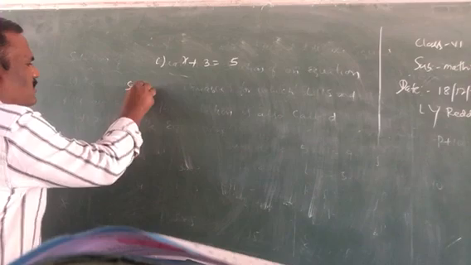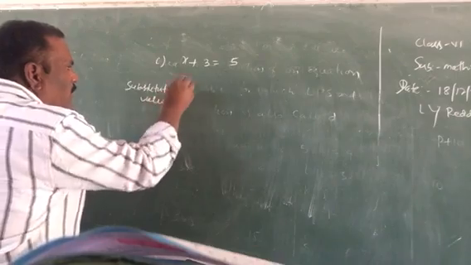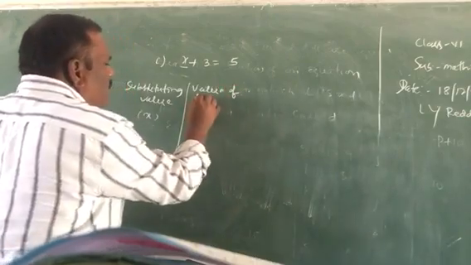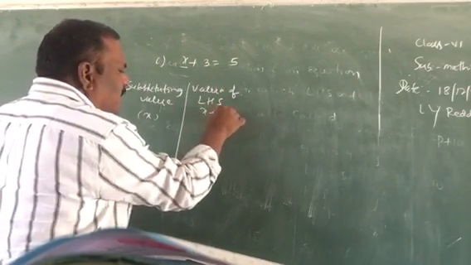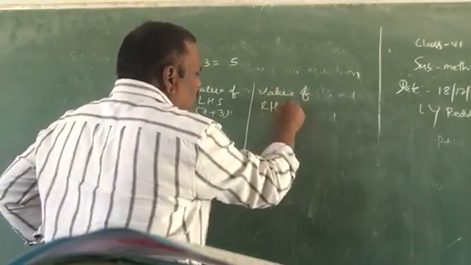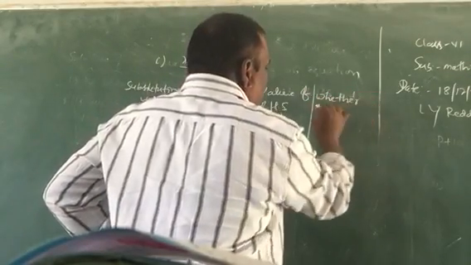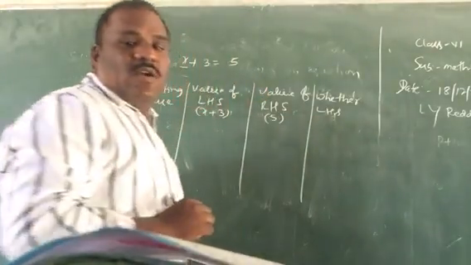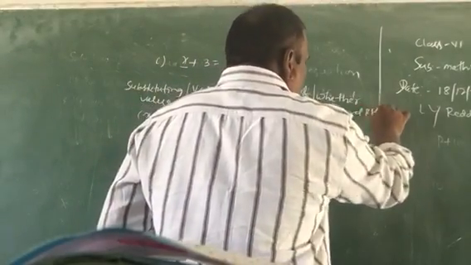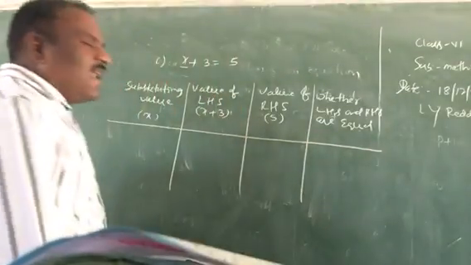Here you can make a table with the variable x, the value of LHS, that is x plus 3, and the value of RHS, that is 5, and check whether LHS and RHS are equal. It is a trial and error method.